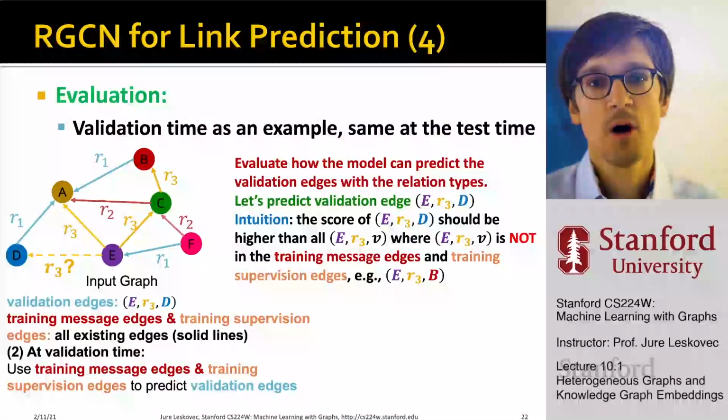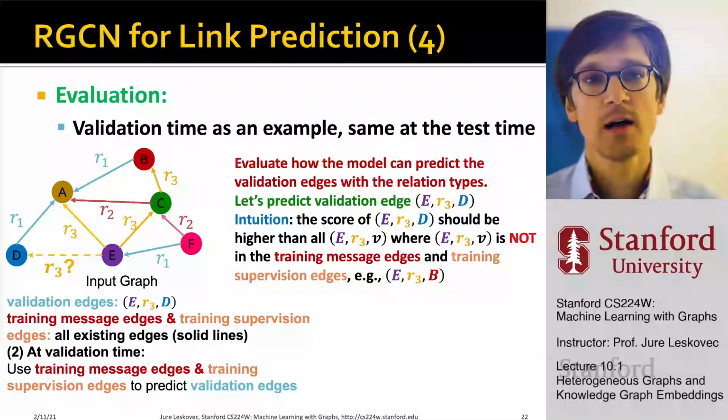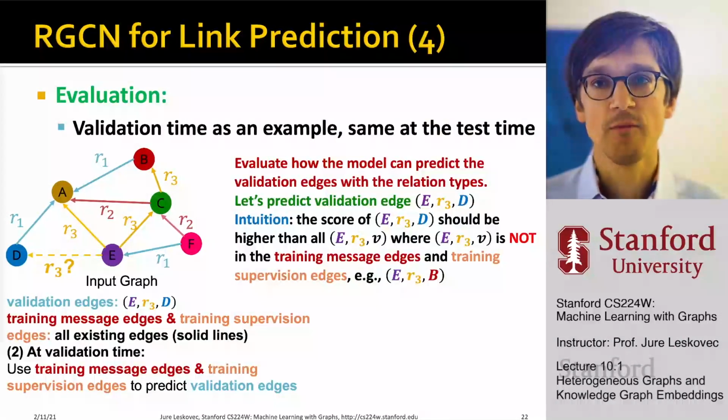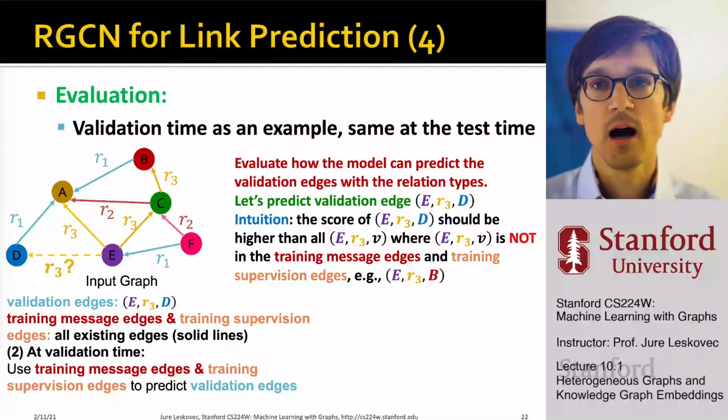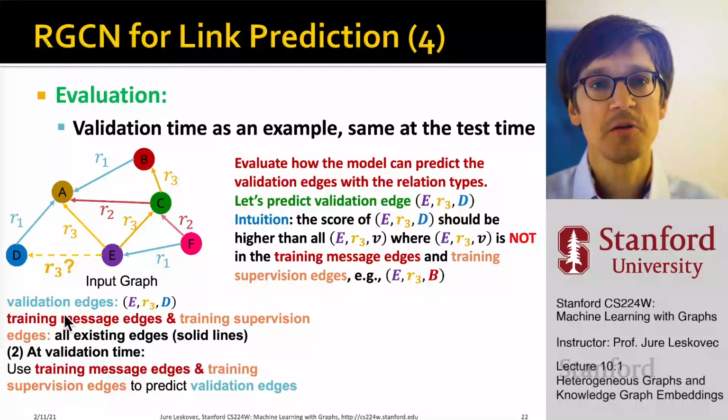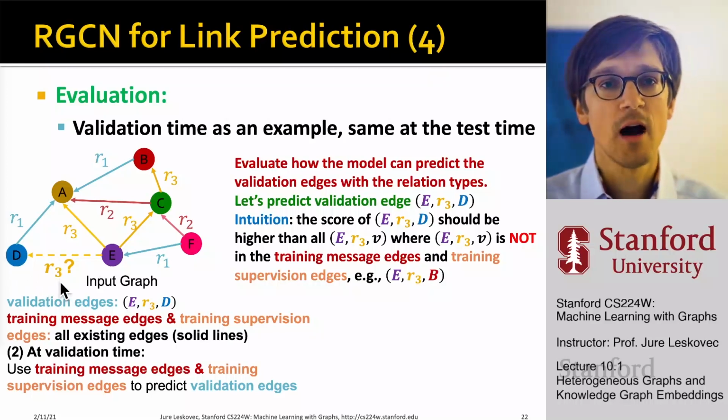Now that we have the model trained, assume we move to the validation time. We want to validate the performance of our model. So let's assume now that the validation edge that I'm interested in is this edge between node E and node D, and I'm interested whether it's of type R3.